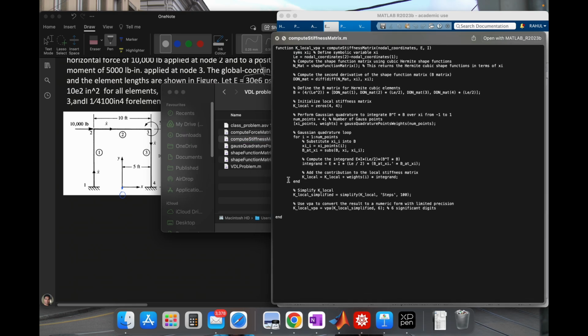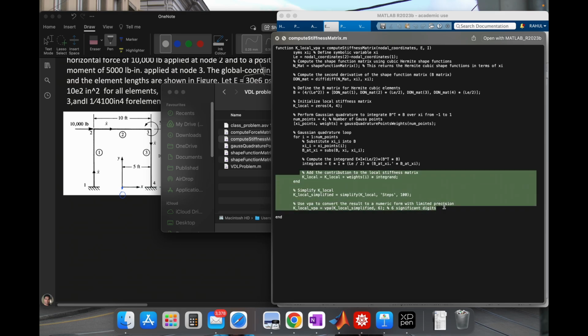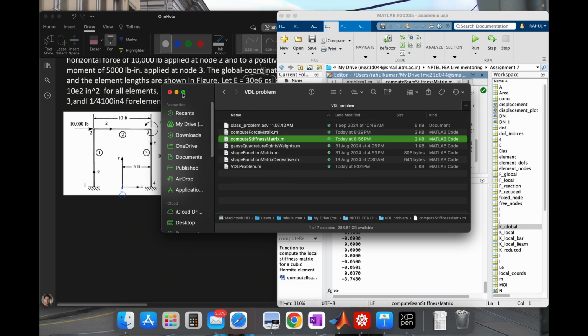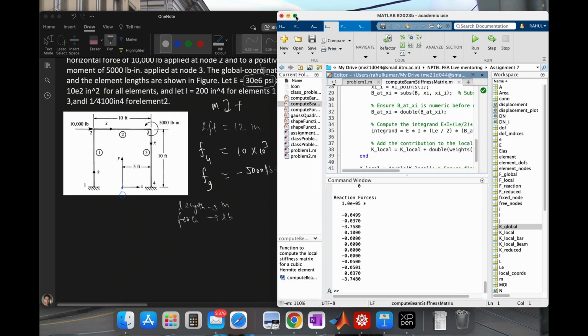We will make some changes here so that it will give the result in symbolic form.